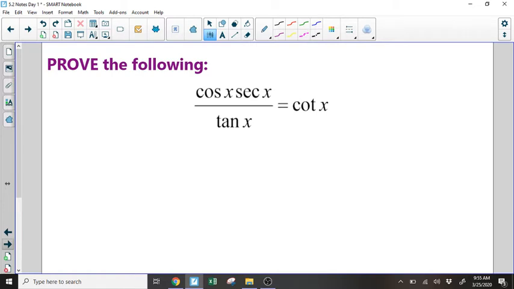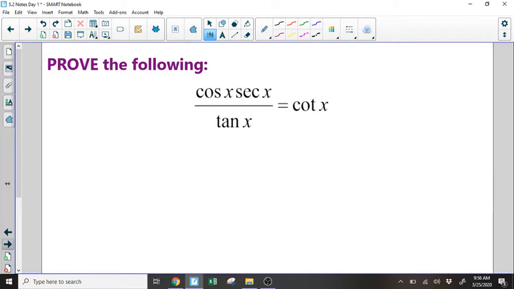All right, so first example. Given something like cosine x secant x over tangent x, we are going to show that it equals cotangent x. This one is a pretty obvious problem as to which side is going to be more complex. And again, that's the side that we would pick to manipulate.